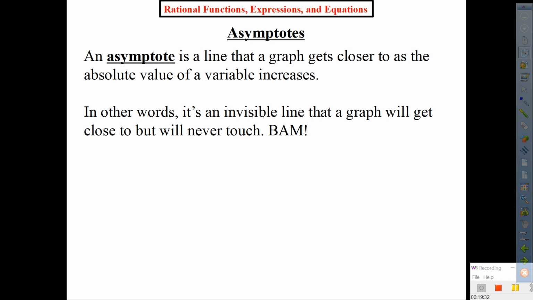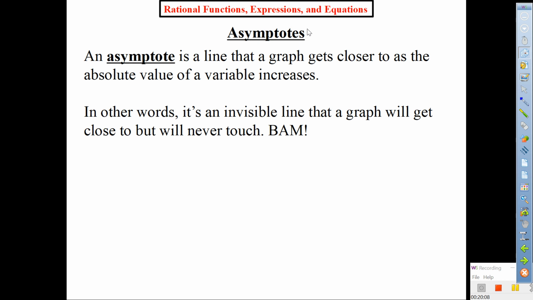In Star Wars, when they turn on their force field around the Death Star and here comes the next wing and it's getting close, it cannot penetrate because there's an invisible force field around the Death Star. So that means the airplanes can get close, but not pass or touch that field, or else they would explode or bounce off of it because it's an invisible line. And that's what asymptotes are.